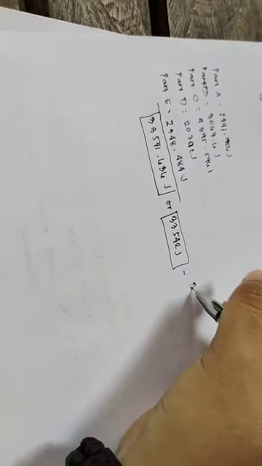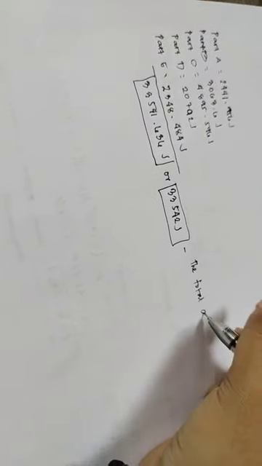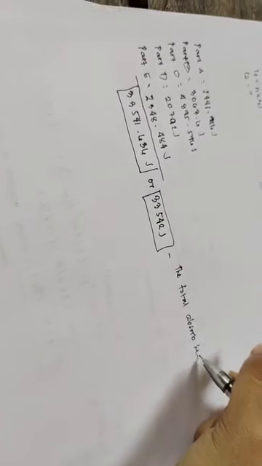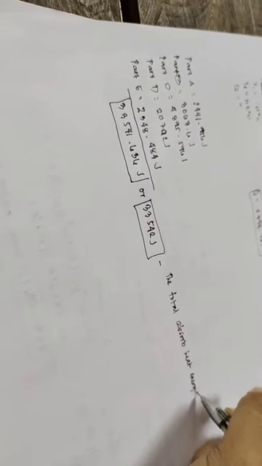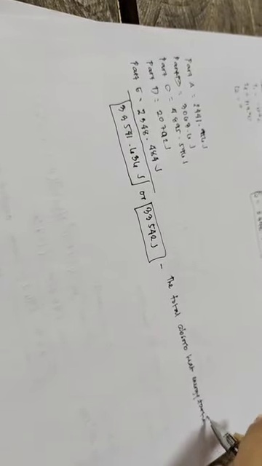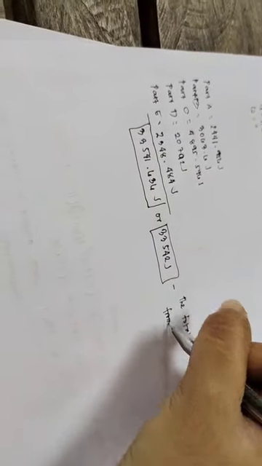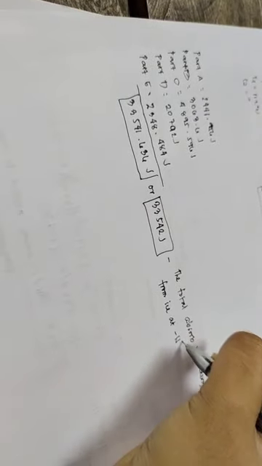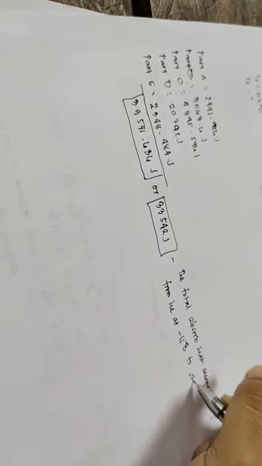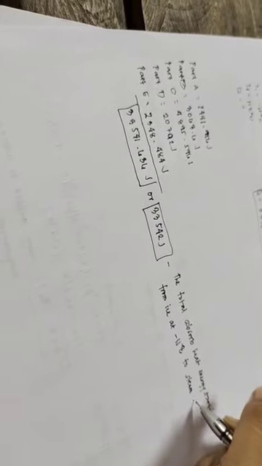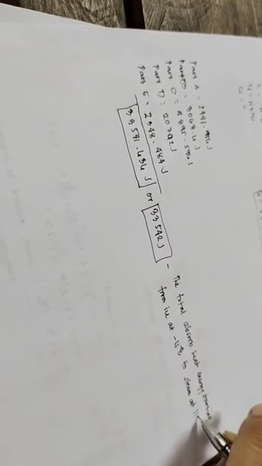So it is the total absorbed heat energy starting from ice at negative 15 degrees Celsius to steam at 112 degrees Celsius. So the answer is 33,542 joules.